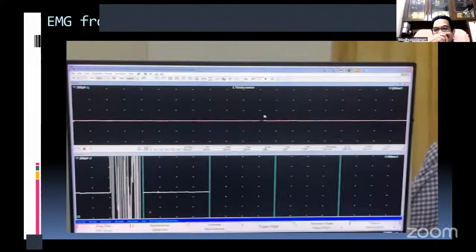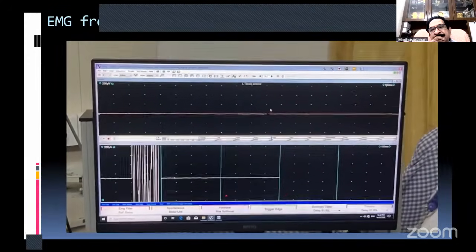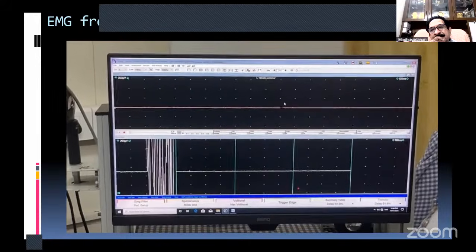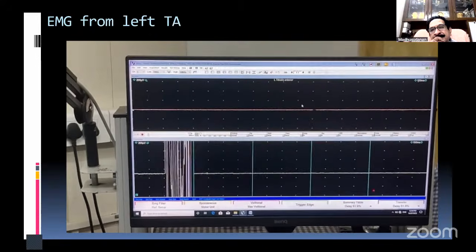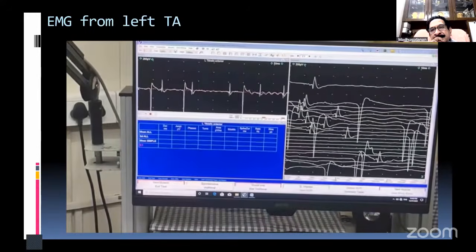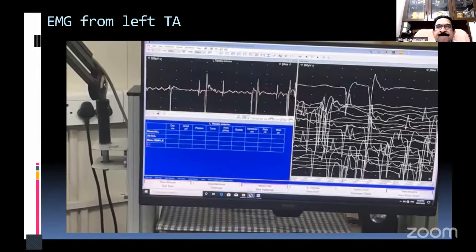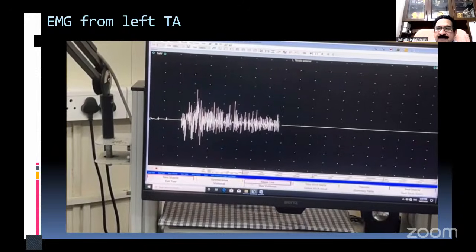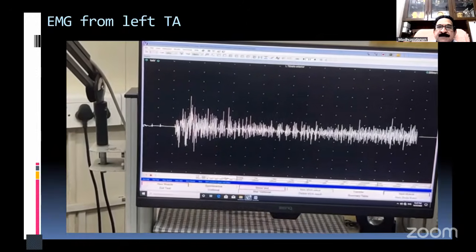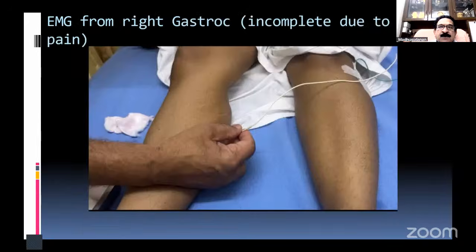Again, no spontaneous activity. Almost normal EMG pattern. That is TA. Normal.